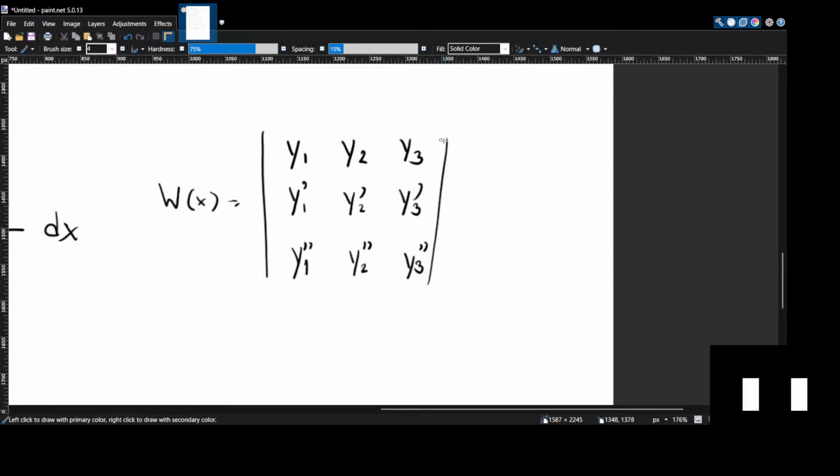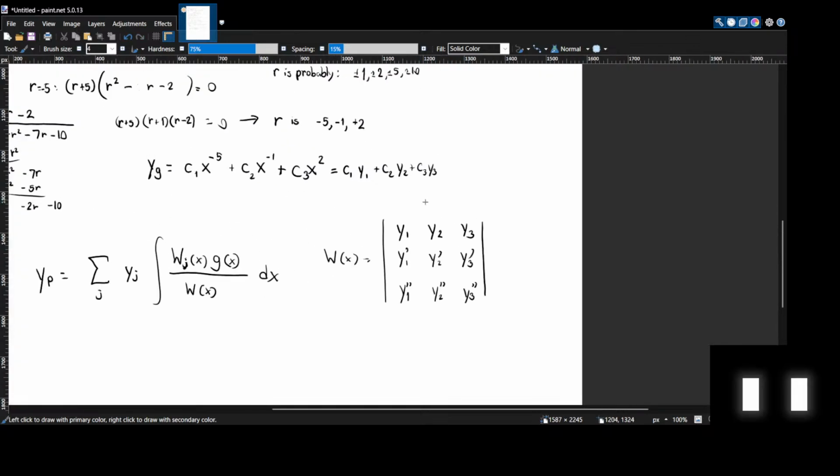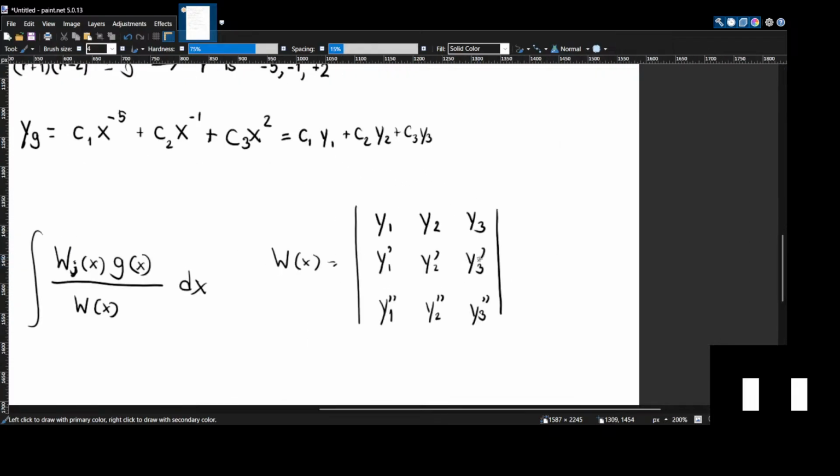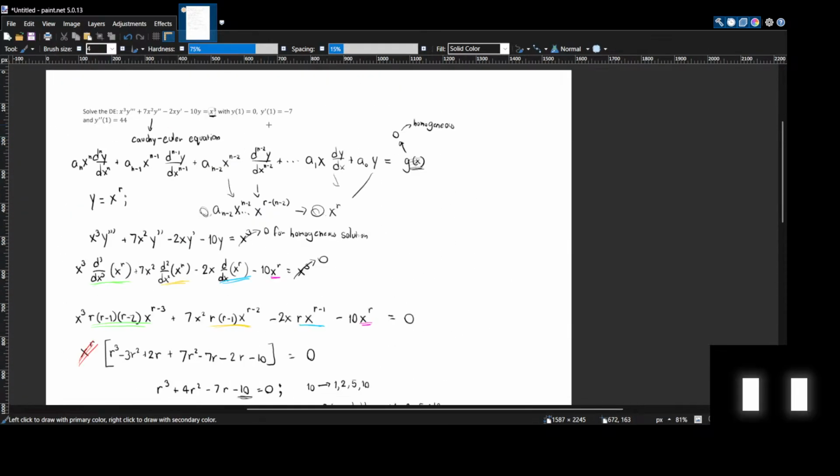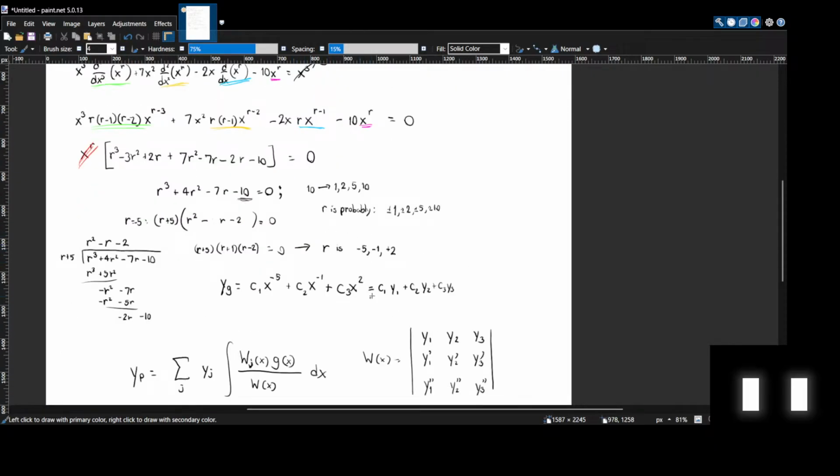This is the Wronskian in our case at least. If we have four particular solutions, that is, if we had like the fourth derivative of y, we're gonna end up with four y terms here. If we have four different values of r over here, we're gonna have four different terms of y1, y2, y3, and we're gonna have y4.